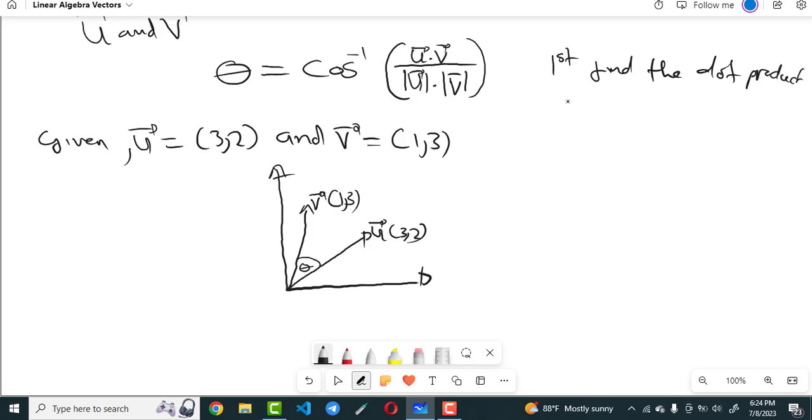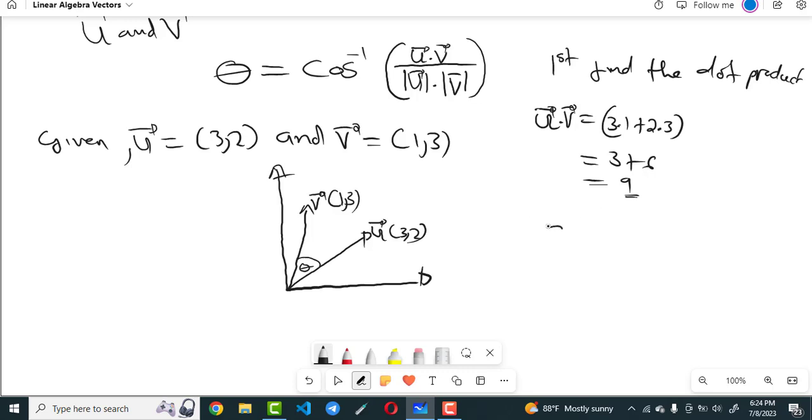The dot product of position vector u and position vector v is 3 times 1 plus 2 times 3, which gives us 3 plus 6, a total of 9. That's the dot product.